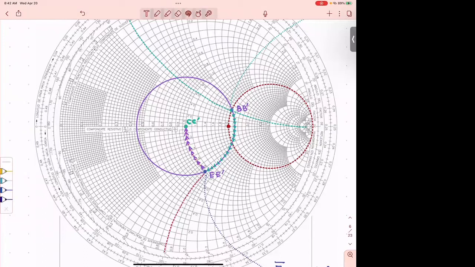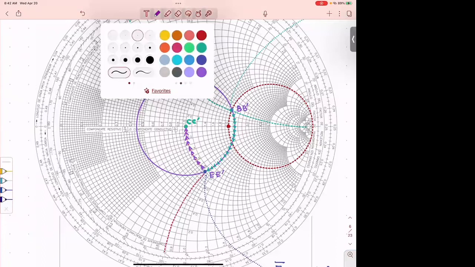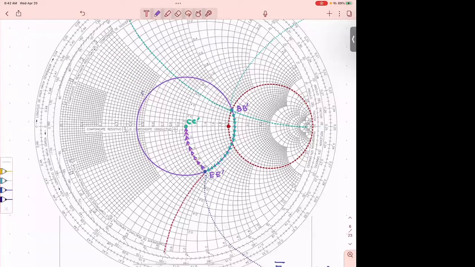You can move only along the red circle, or in fact, if you want to move along a line specifically, you can only move on the constant VSWR circle. You remember when we named the purple circle? We named it the constant VSWR circle. Why did we name it like this? You remember what I said last time?